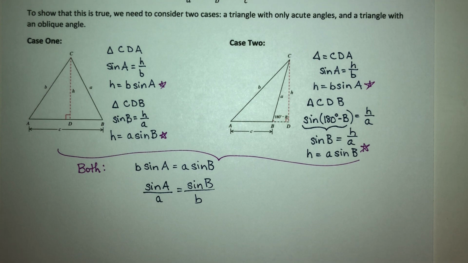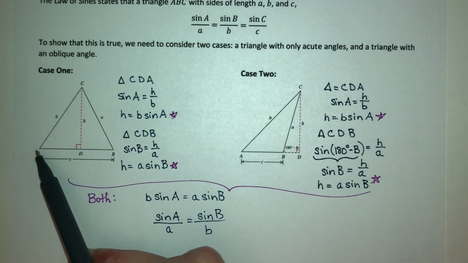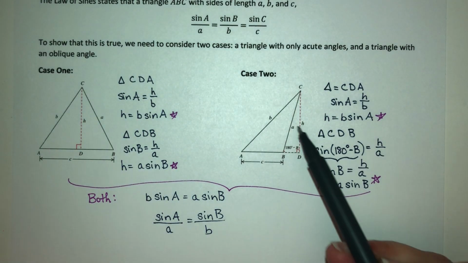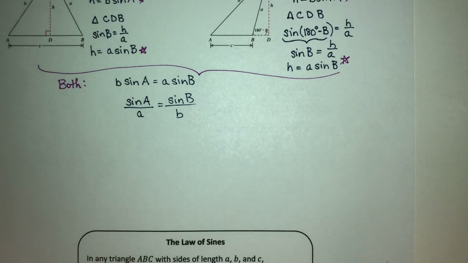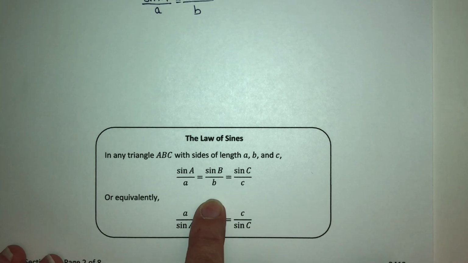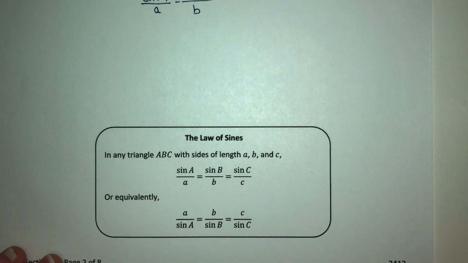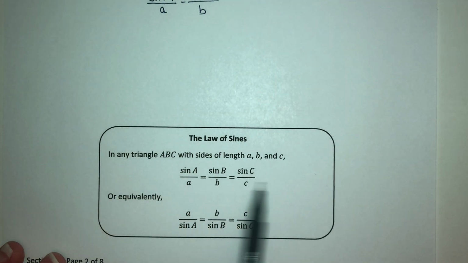Okay, now we've only proven this with A's and B's, but if you just drop an altitude from a different angle on each of these, from each angle, you will get the whole piece of all of this law of sines, okay? So just by changing where the altitude is and following the same process, you will get all of this.